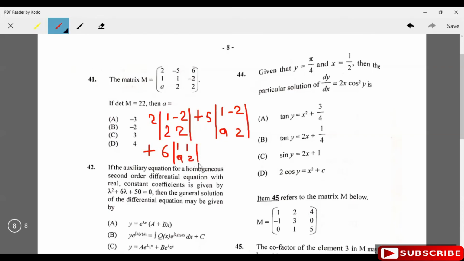And I know all of this equals 22. So let's simplify this first. This simplifies to 2 minus 4, which becomes negative 2... well, 2 minus 4, that becomes 6, and 6 times 2 is 12.